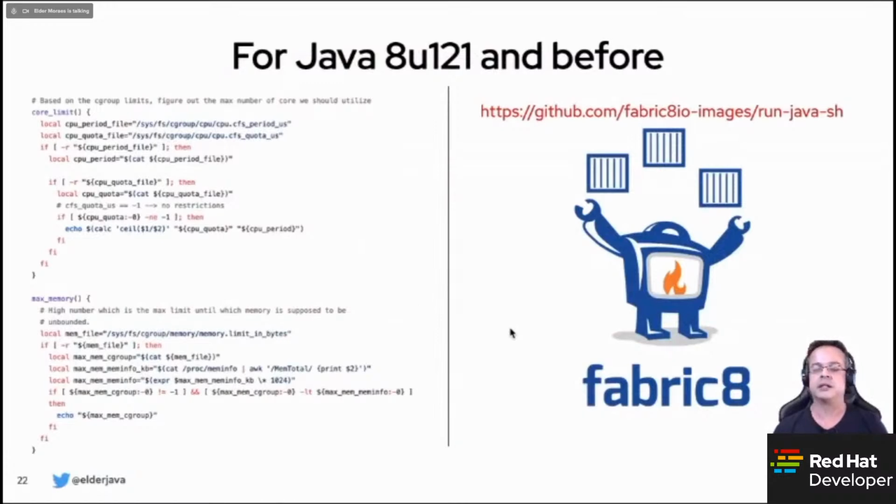They created a script file to run inside your container, and this script helps the JVM get the right resource information, not the information coming from the host, but the information coming from the container itself.